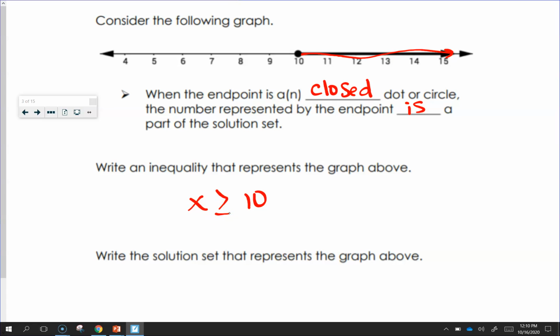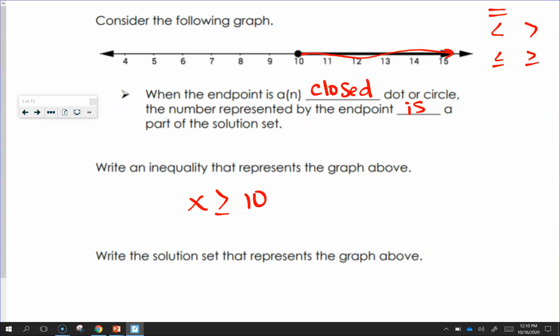Yes, because we're closed, so this one gets a line. Inequalities means not equal to. So we usually have an equal sign like this, right? If we just have symbols that don't have any lines at all, then we're not equal to it in any way, shape, or form. But if we have added that equal sign underneath it, that extra line shows equal to and greater than, or equal to and less than. It shows both. So x's are greater than or equal to 10.